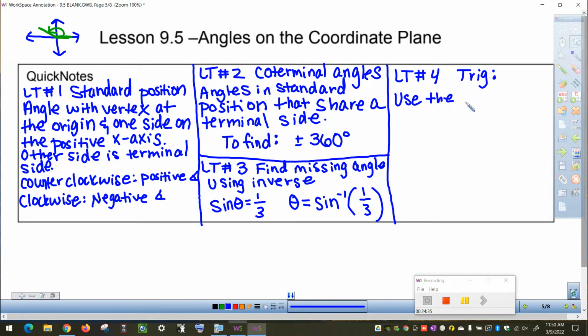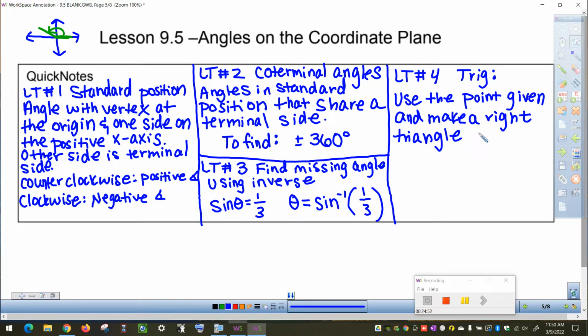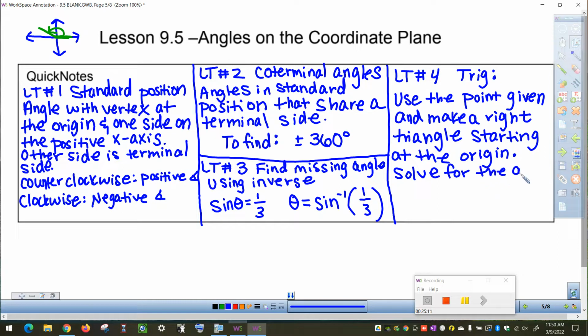All right, so for this process, we're going to use the point given and make a right triangle starting at the origin. Then we did that inverse process to help us solve for the angle.